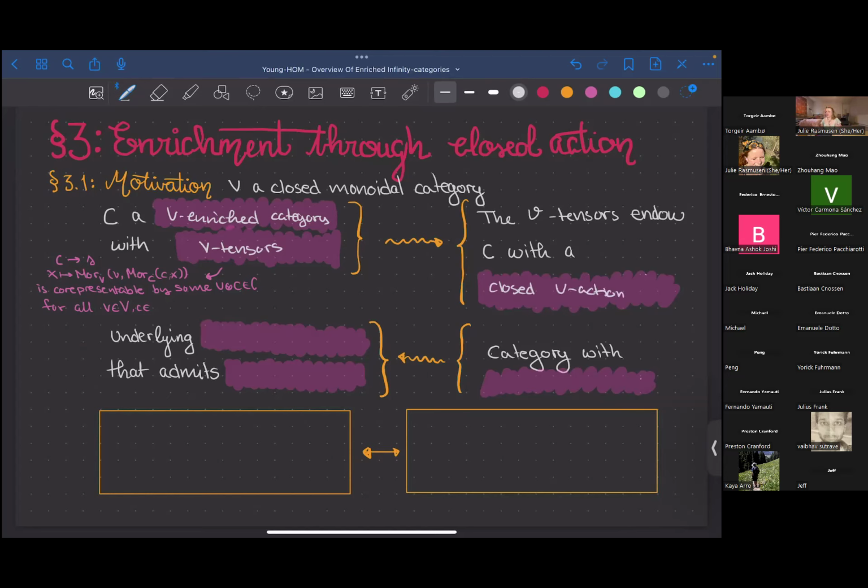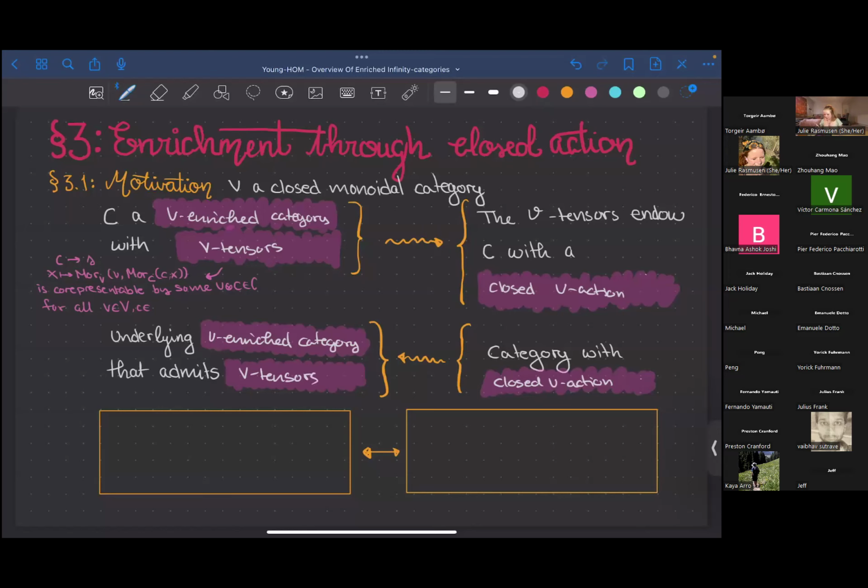And then on the other hand, if we start with a category with a closed V action, then it has an underlying V-enriched category, which admits V tensors.